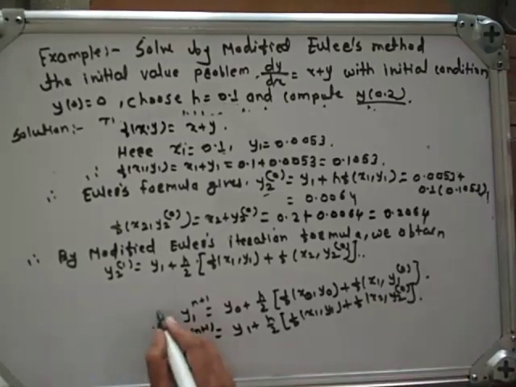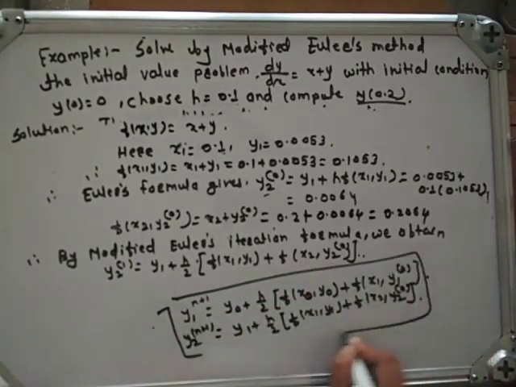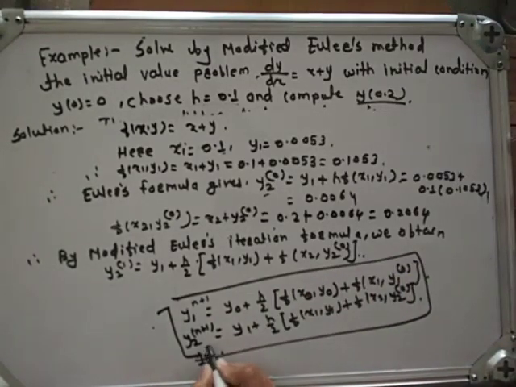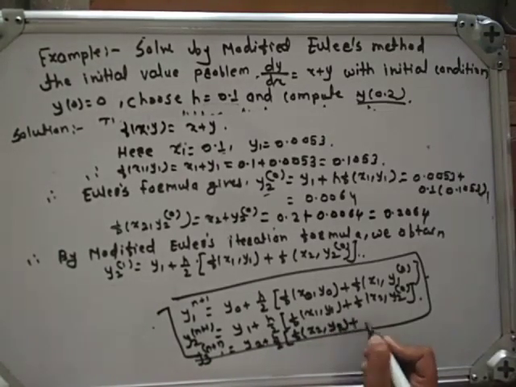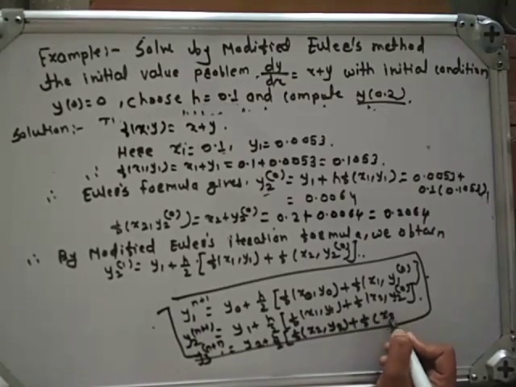Keep in mind or write down this formula somewhere. Similarly, you can find y3 n plus 1 is equal to y2 plus h by 2 into f of x2, y2 plus f of x3, y3 0, and so on.